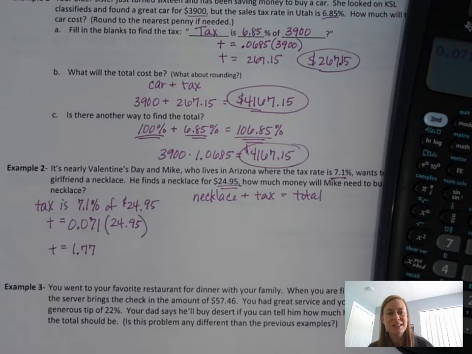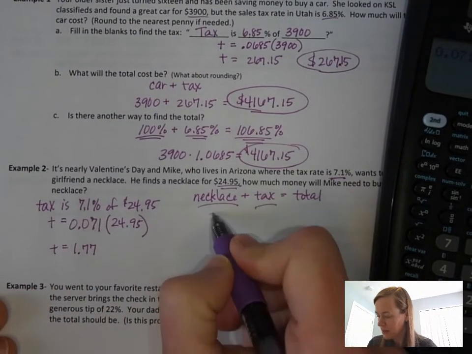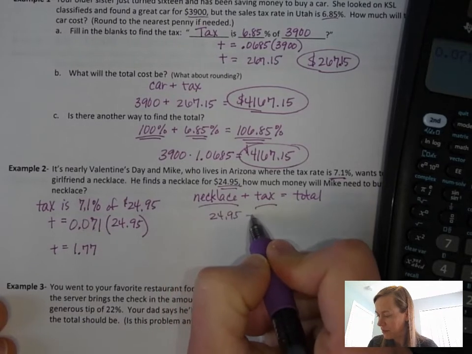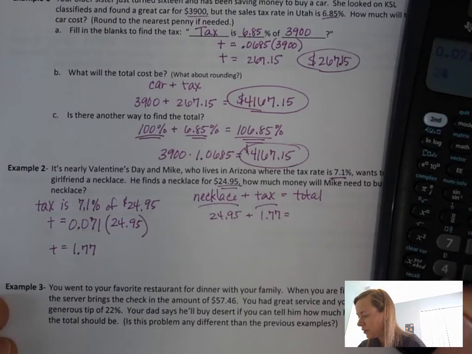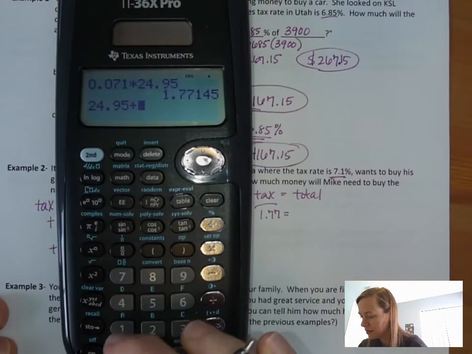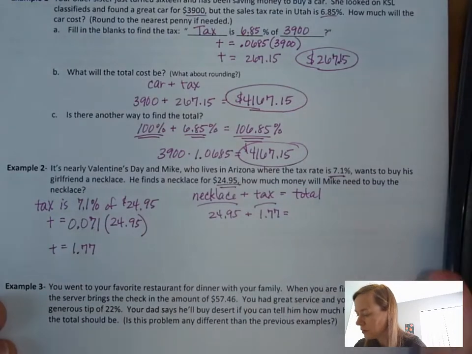So to find the total price, remember we need the necklace plus the tax, so that'll be $24.95 plus 1.77, and that is going to equal, I'm using my calculator, looks like that's going to give us $26.72.